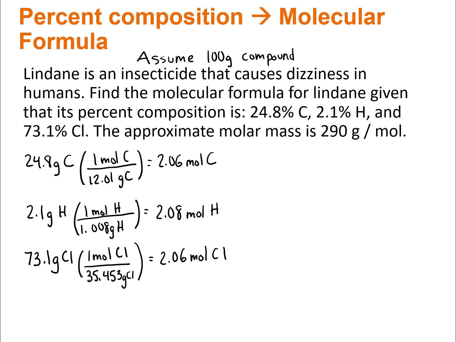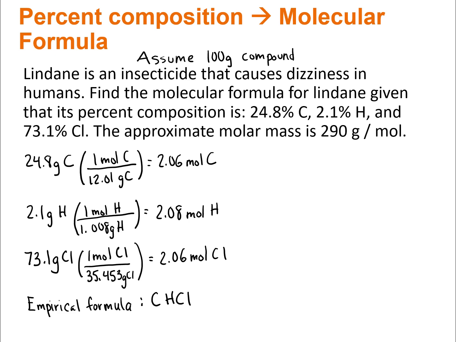So if you were to write out the empirical formula, what would it be? Exactly. We'd have 1 of each thing. That's the first part.